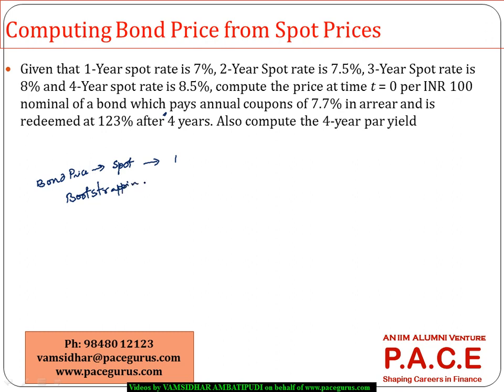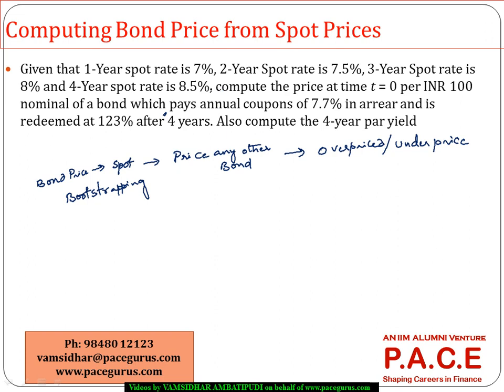Now, once I am aware of the spot prices for various years, how do I use that information to compute the price of any other bond, and decide on whether it is overpriced or underpriced kind of decision. So that is one powerful application of the spot prices and valuing the bond using those spot prices.